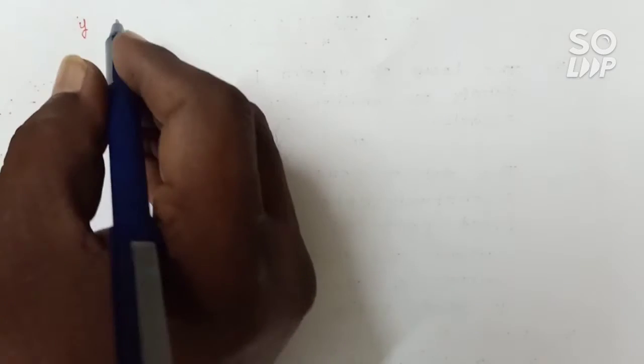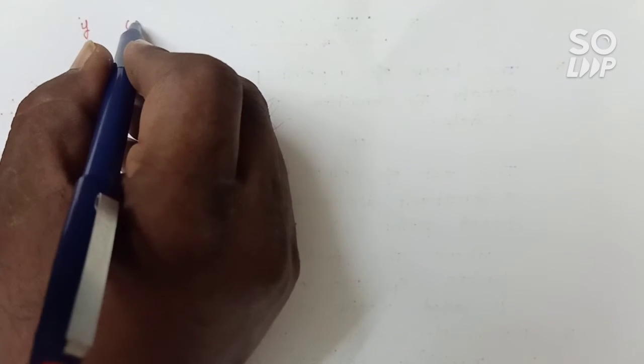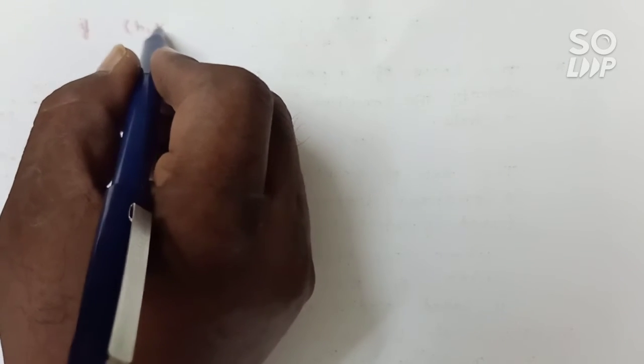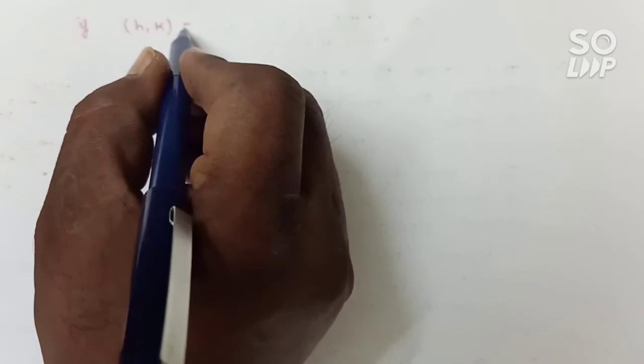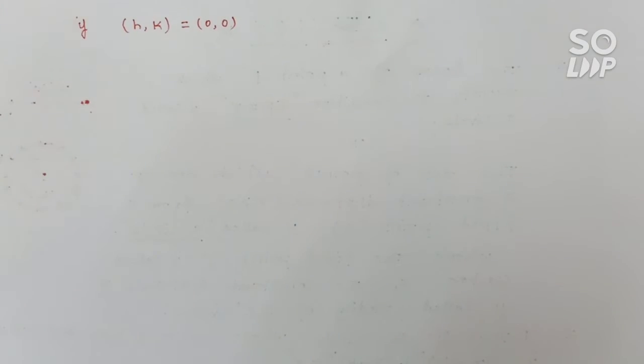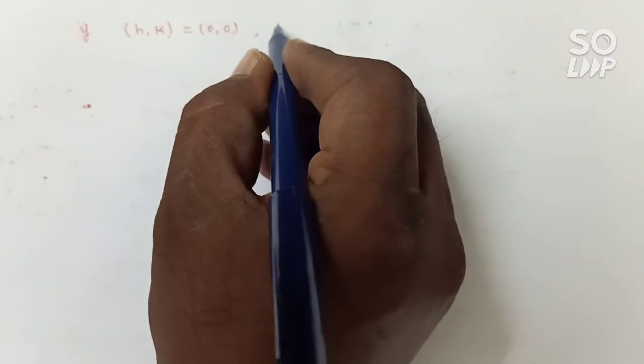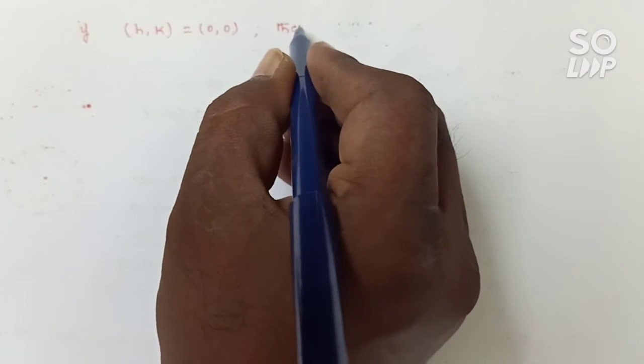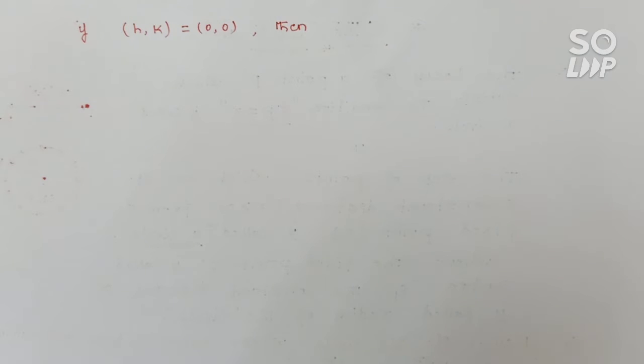Next, say if the center is the origin, that means if (h, k) is equal to (0, 0), then what will be the equation of the circle?